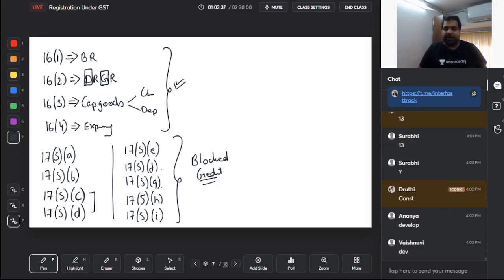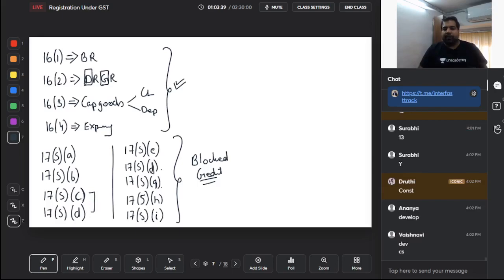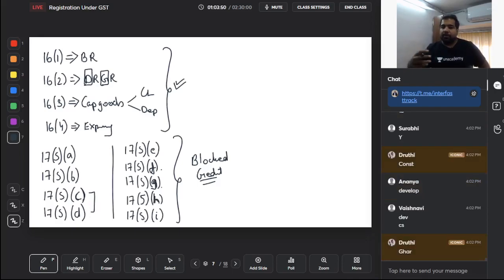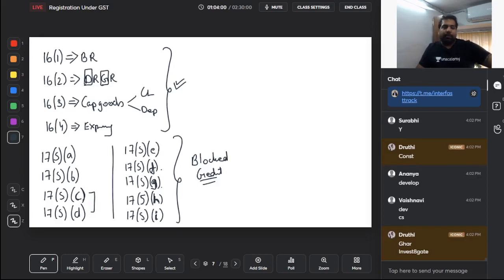For him also ITC is blocked. What is F? F is foreigner, non-resident taxable person. For him also ITC is blocked. What is G? G is ghar pe, personal supply. Even then ITC is blocked. What is H? Happy and unhappy: gifts, samples. Unhappy is fire, destruction, etc. ITC is blocked. I is investigate. ITC is blocked. So in all these cases, ITC is blocked.